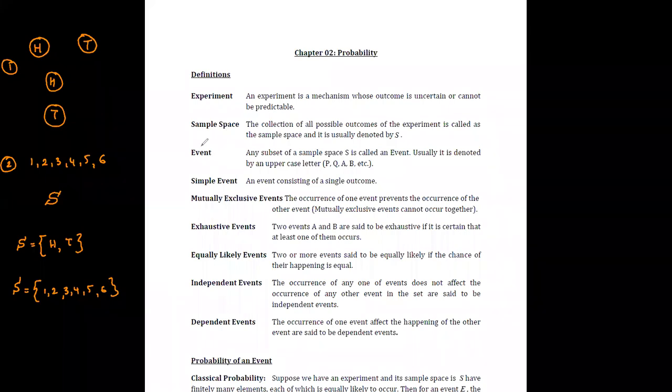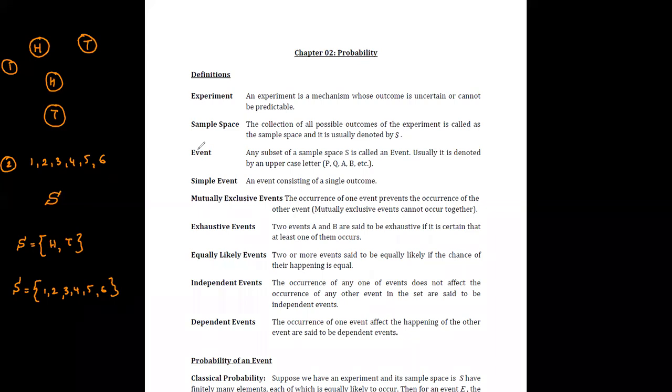And then we will move to the next term: event. So far we have discussed experiment and sample space. Based on the sample space, if you identify any subset of the sample space, then it is called an event of the experiment.